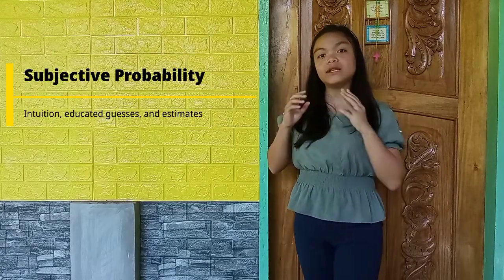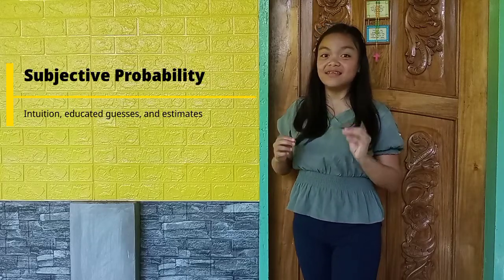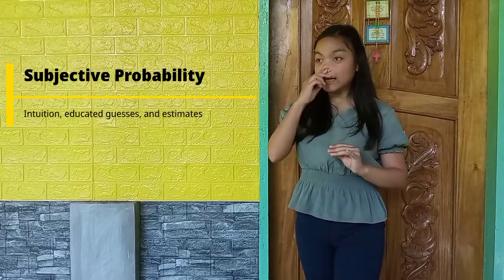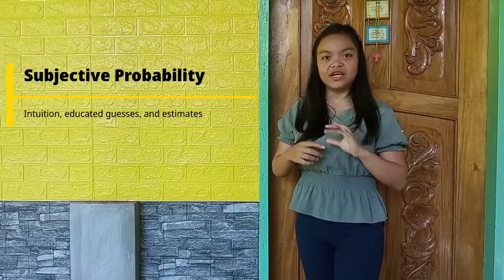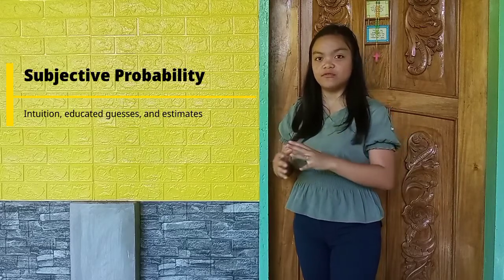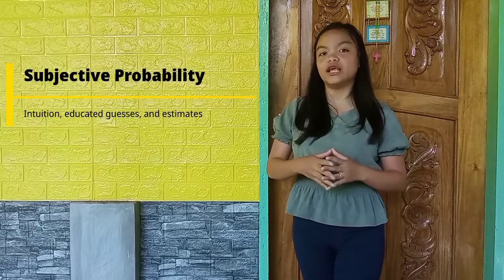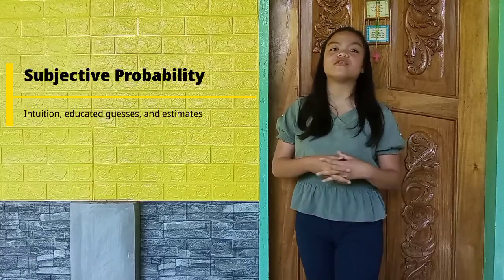That type of probability is subjective because it is based on the doctor's educated guess, through his experience as a doctor. For this type of disease, the probability of recovering fully is usually 90%.